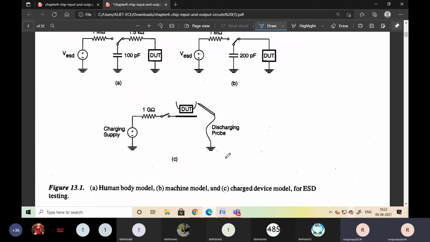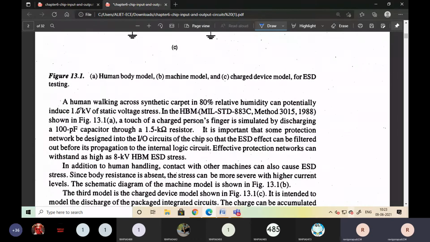The human body model is nothing but a human walking across a synthetic carpet in 80% relative humidity, which can potentially induce 1.5 kilovolts of static voltage stress.